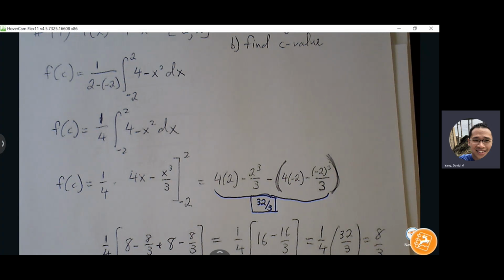We still have to make sure we involve the width component. So make sure you multiply by that 1/4. Then you have your average height or average value.